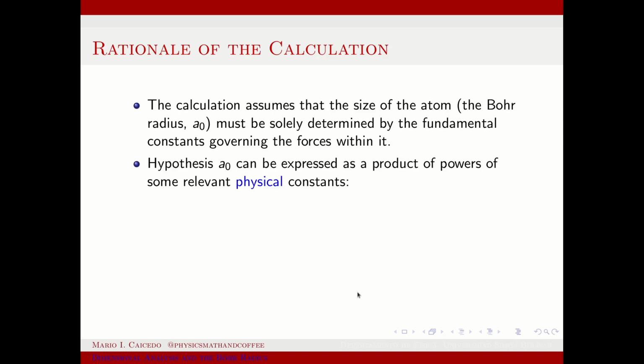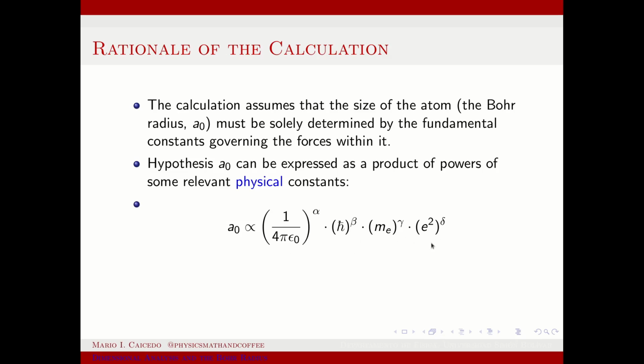And a naught must be expressed as a unique product of powers of those physical constants. So it should be something like that: Coulomb's constant to some power called alpha, Planck's constant to some power called beta, the mass of the electron to the power gamma, and the square of the electron charge to a power called delta.